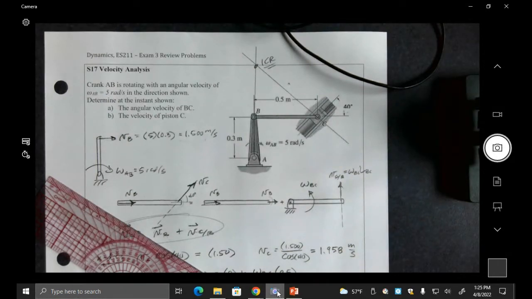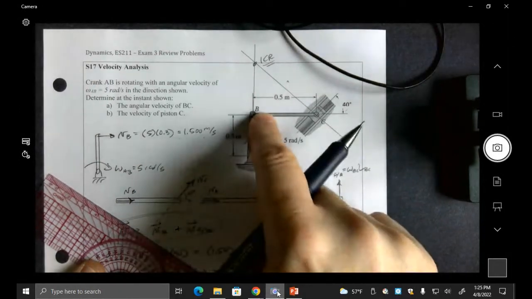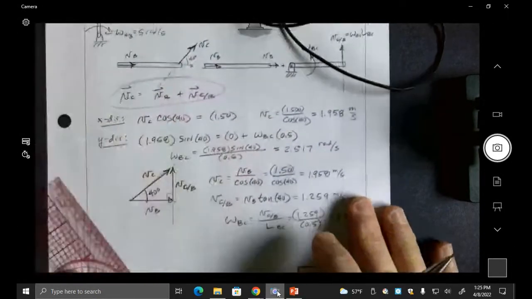With a little more practice and concentration, like remembering why you made a mistake so that you can organize how you approach it, whatever it takes for you individually to find the ICR. Once you're getting good at it, it's a pretty easy method, except when the link is at a weird angle and the ICR is up into the heavens and you have all these weird angles. Trying to find them can be a pain, but this is a nice one because we have a 90-degree thing going on there.